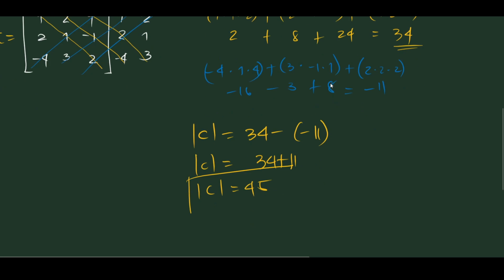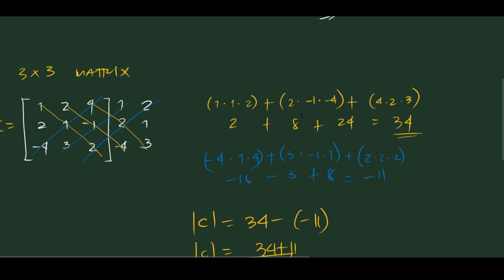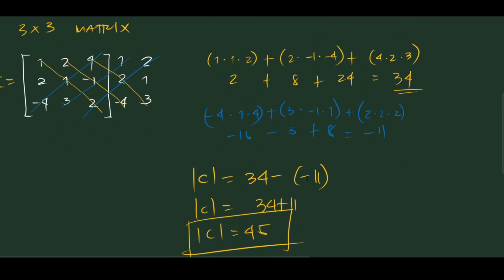So this is our determinant for this 3 by 3 matrix. That is the method. You can search other methods as well. Just find the method that suits you or that you find easy. This is the one that I choose.